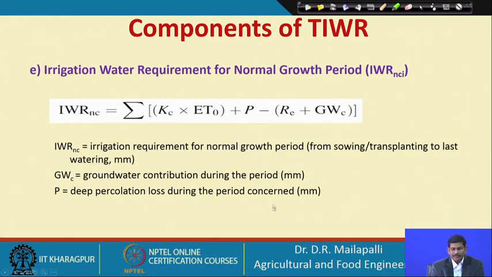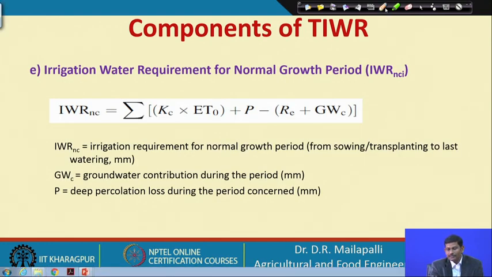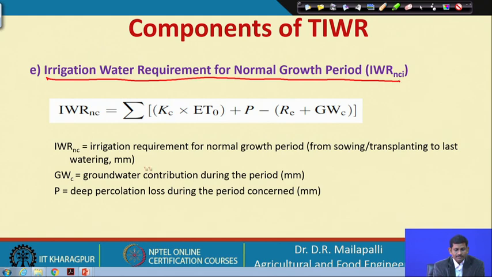Then the other component of the total irrigation water requirement is the irrigation water requirement for the normal growth period. This is the crop demand, and P and Re plus GWC, that is the groundwater contribution during the period.